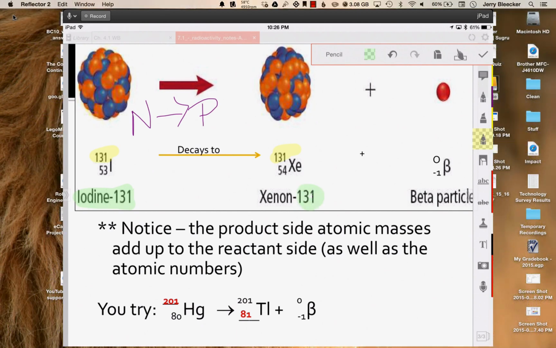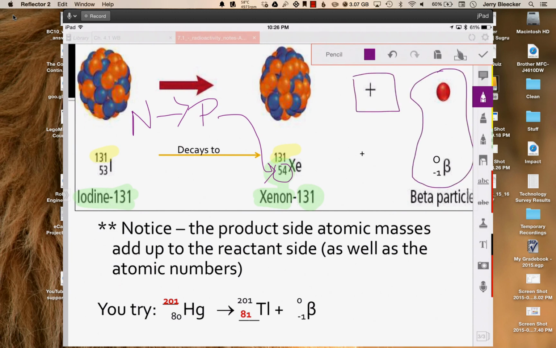So now, yes, what you have weighs 131, but, here's a big but, it's now xenon. Because xenon is element 54 on the periodic table. Highlight that, 54. And it's all because of that extra proton. So what goes flying off in this case is your beta particle that you see here. So you notice that you have to include this, right? These are the products that you get.